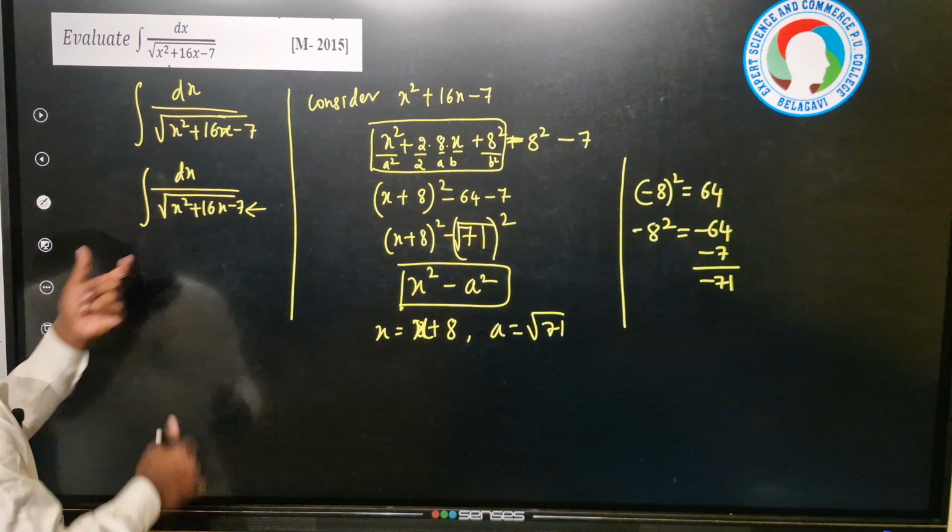So here the x value is x plus 8, plus the square root of that value we have to keep here: x plus 8 square minus root 71 square. Here root 71 square is nothing but, square root cancels, minus 71. That is all that remains: minus 71 plus c.